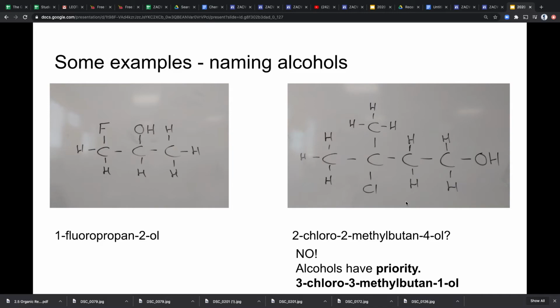So I'll give you an example. There are tons of molecules that contain hydroxyl groups, which kind of makes them an alcohol, but they have a more important functional group. Something in level 3 you'll encounter is a ketone. This is a ketone. This is a great learning opportunity.